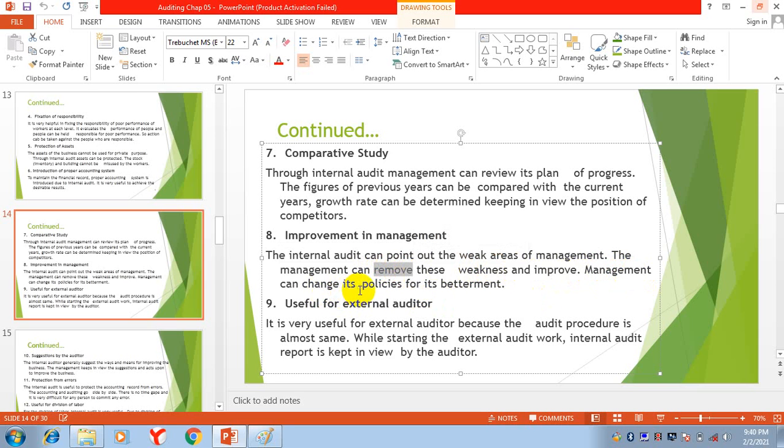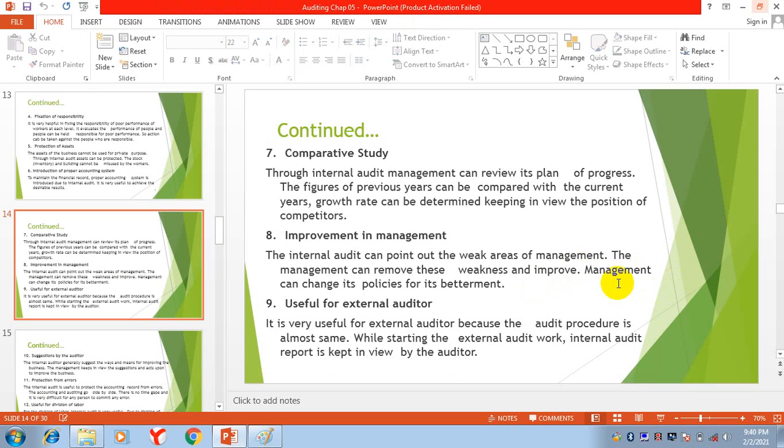Management can change its policies for its betterment. And this is the responsibility of management, that if the auditor is giving them advice, they will try to make changes in their policies for the betterment of the company. So another advantage of internal audit is improvement in management.